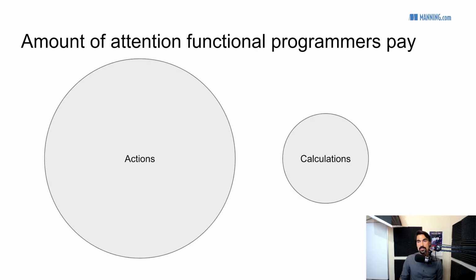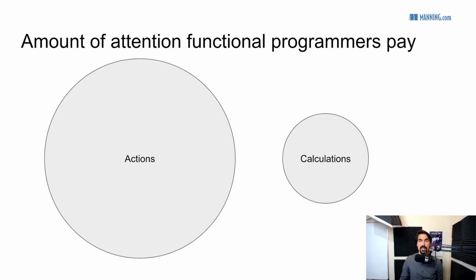The thing is, though, that we pay much more attention to actions. We spend more time with actions because they are harder to work with. And this is kind of a common misconception in functional programming, that we don't want to use actions at all, or that we basically try to ignore them.